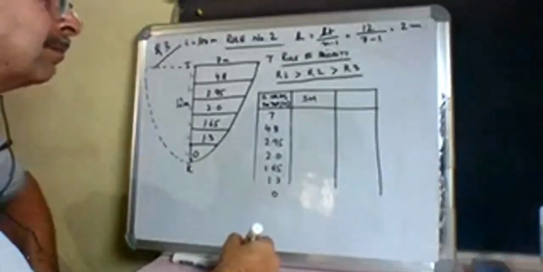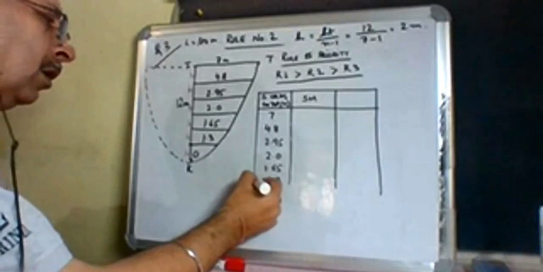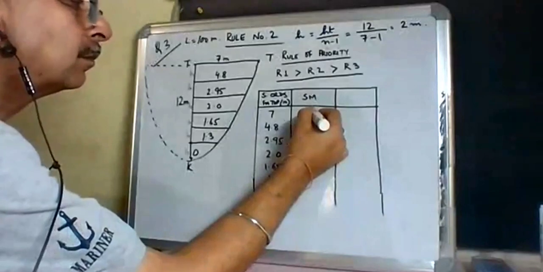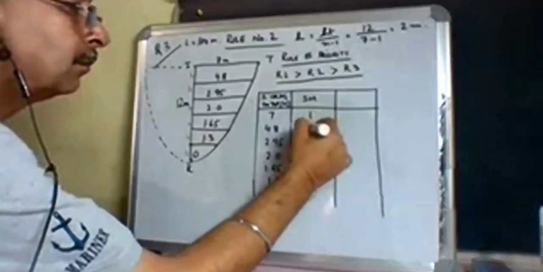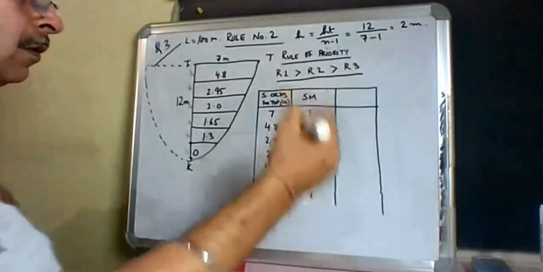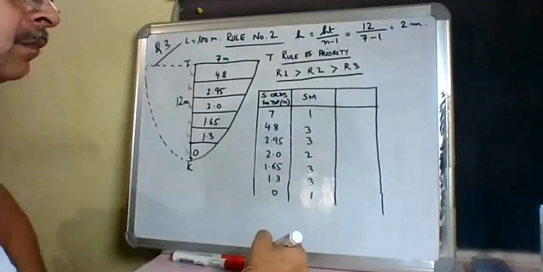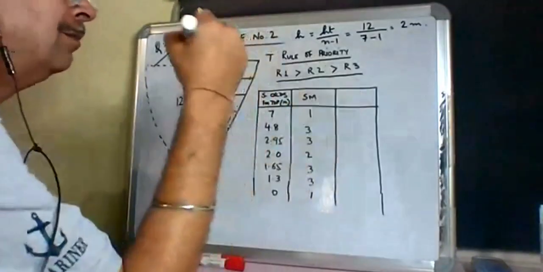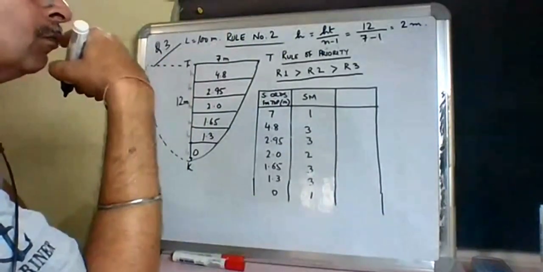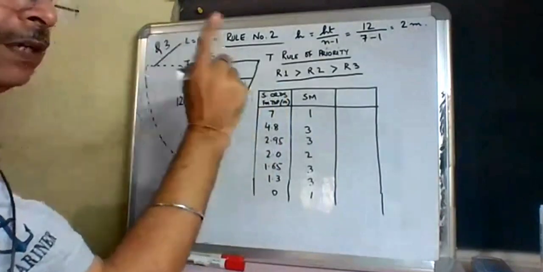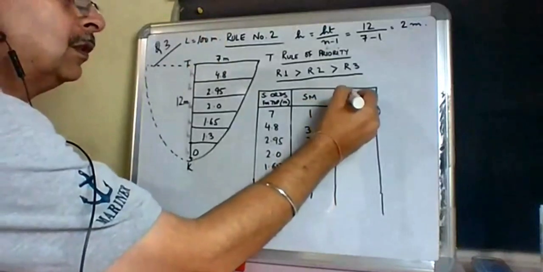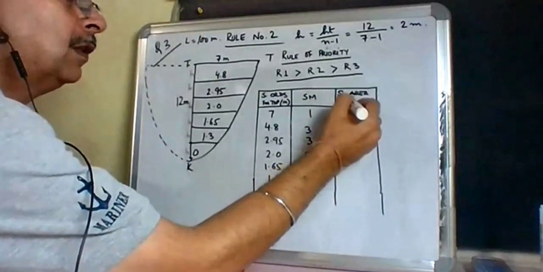Title of the second column: SM. What will be the SMs that you would like to use? 1, 3, 3, 2, 3, 3, 1. Is that okay? Title of the third column: area function. Since we use half ordinates, it's going to give you half area, so semi area function.